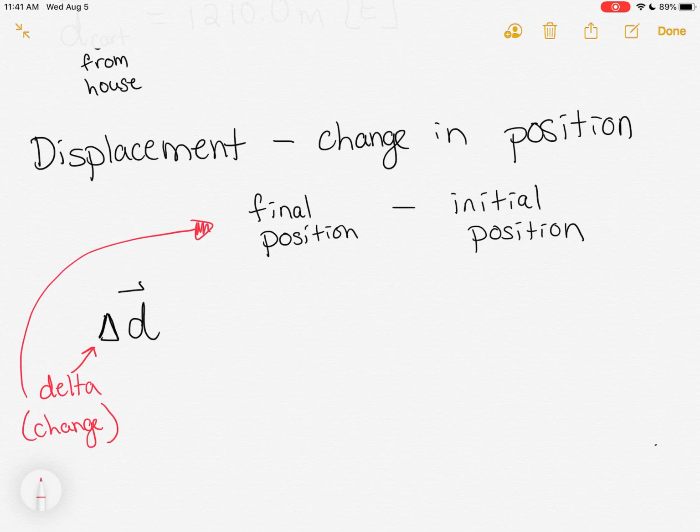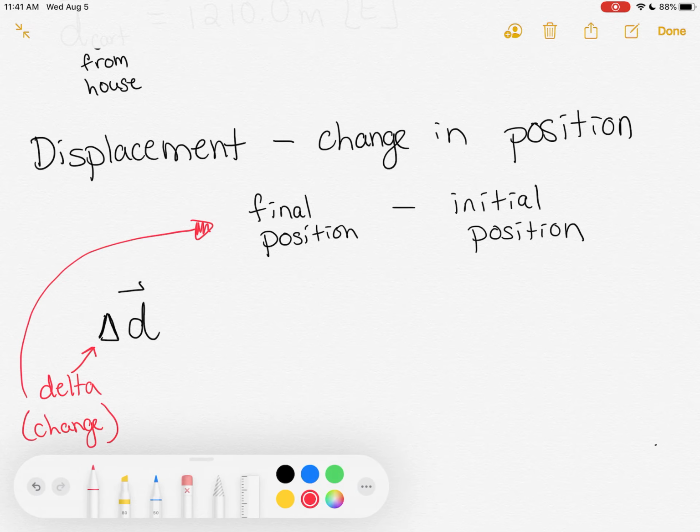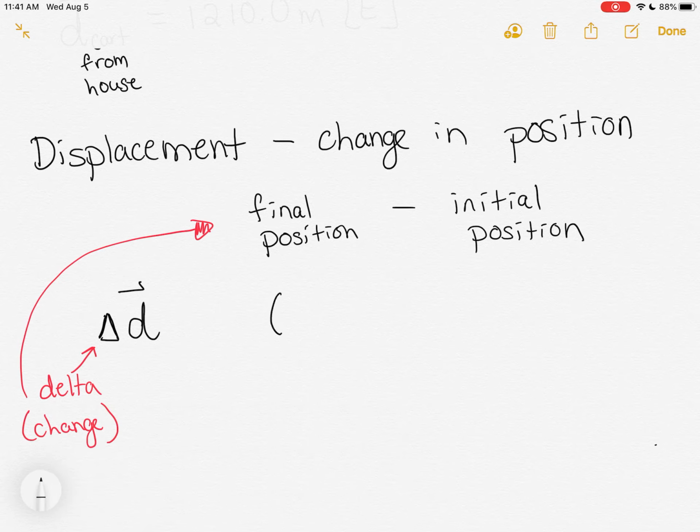And that means it's going to be final minus initial. Okay, and so if you use delta of anything, that means it's the change in something. You're going to take the final of that and subtract the initial of whatever that happens to be. So in this case, we're looking at position. So we're going to take our final position minus our initial position to get our displacement. Now, we measure displacement in the same unit as position, so it's measured in meters.